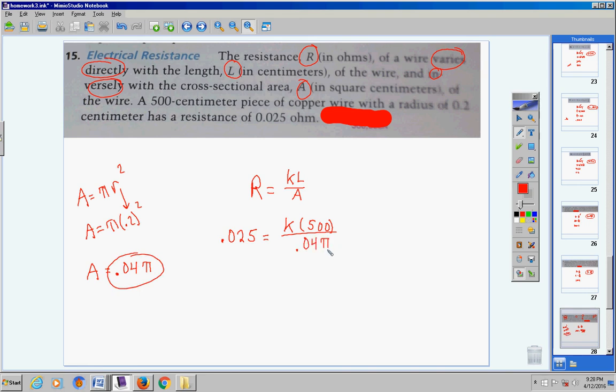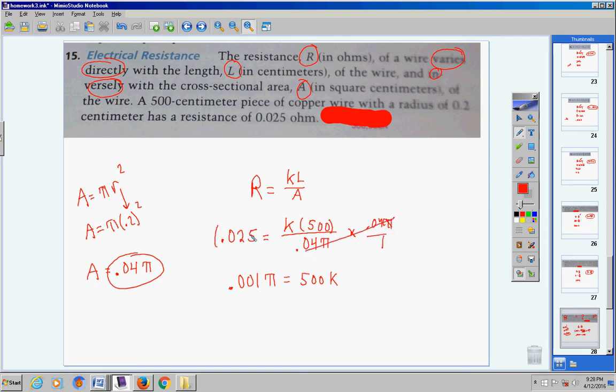First of all, multiply both sides by 0.04 pi. So 0.025 times 0.04 gives you 0.001 pi. The first thing I did is I multiplied both sides by 0.04 pi, and they cancel out.